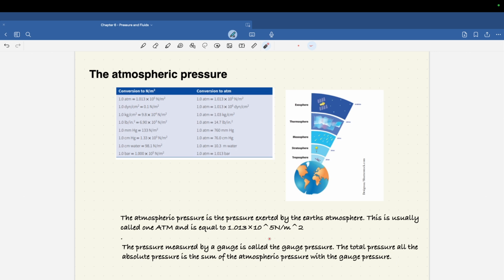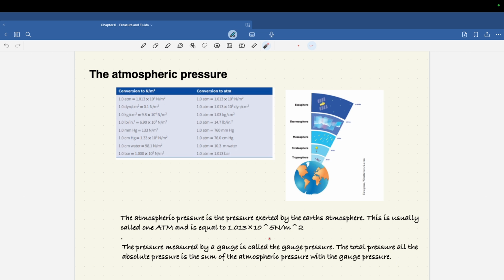So whenever you measure the pressure using a gauge, like when you're trying to measure the tire pressure using a tire gauge, the pressure that the gauge shows us is not the total pressure. It's only the pressure in the tires over and above the atmospheric pressure.